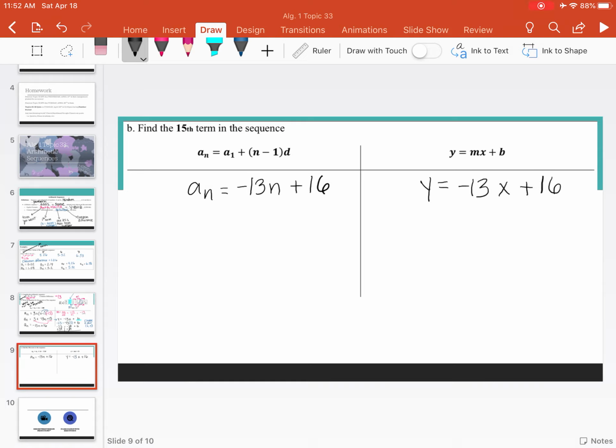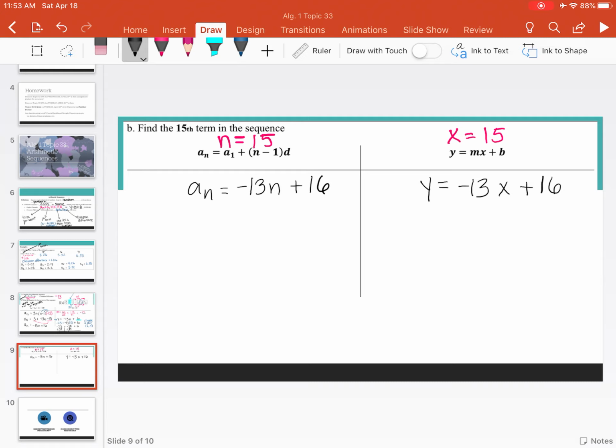In this problem, we want to find the 15th term in the sequence. This 15 is identifying that whenever we see an n, or whenever we see an x, we're going to plug a 15 in. So we have these two equations that we can build off of.